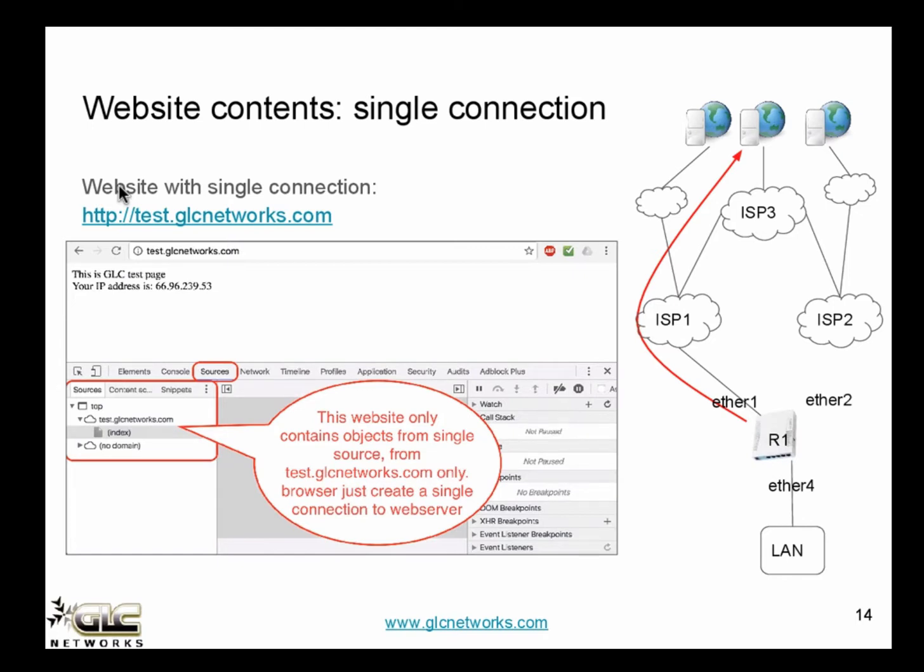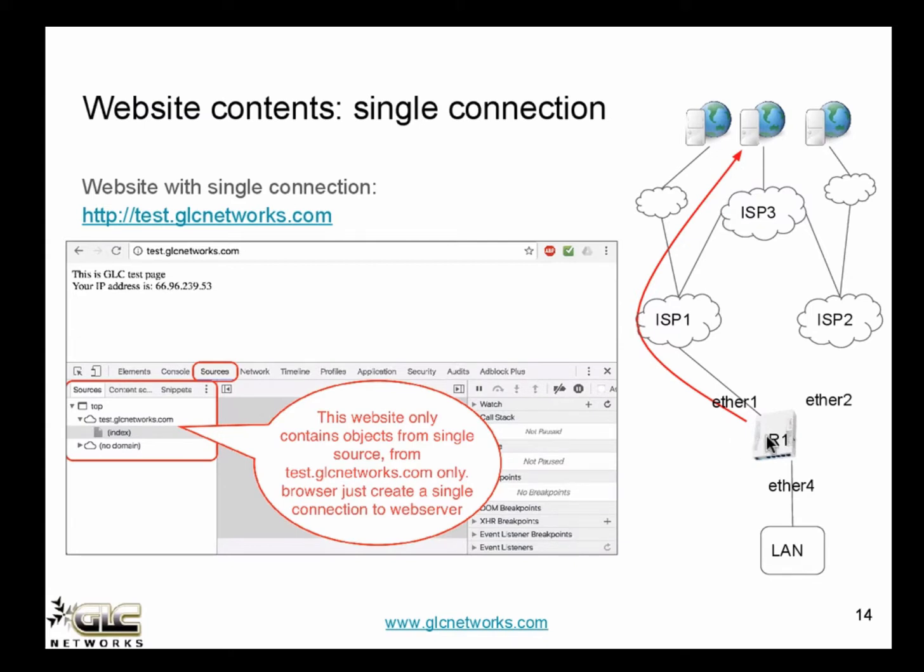For example, when you access a website, that could require only a single connection. If you go to test.glcnetworks.com, this website only contains a single object and single source. So your browser just creates a single connection to the web server, and that's it, finished.